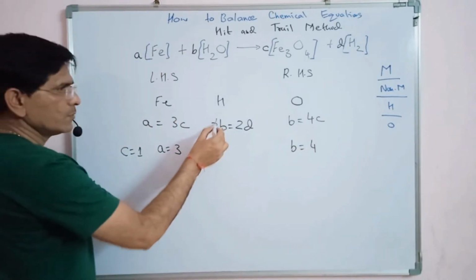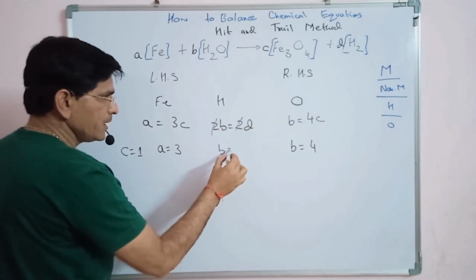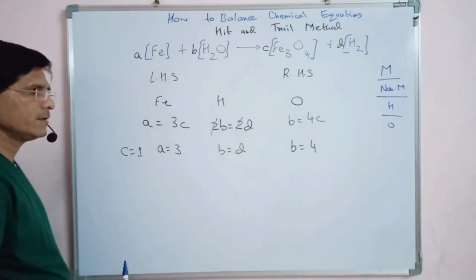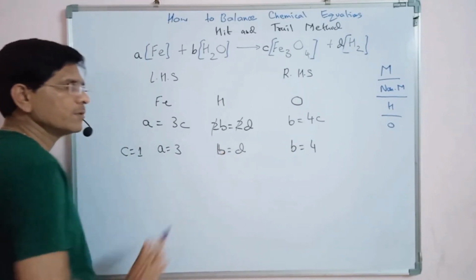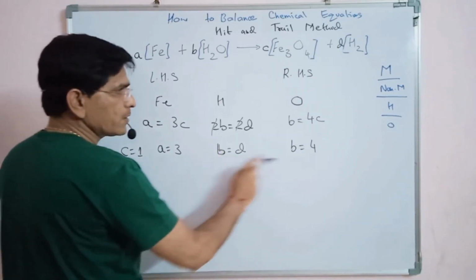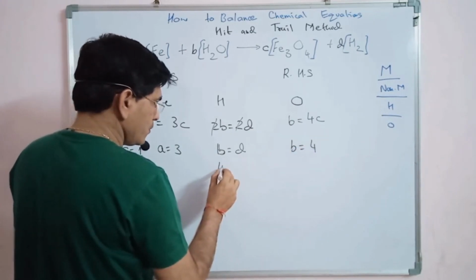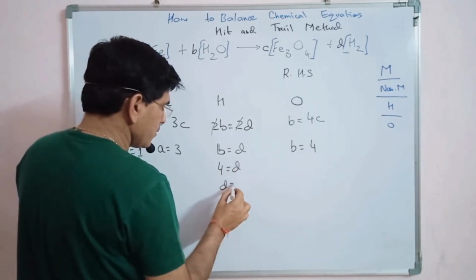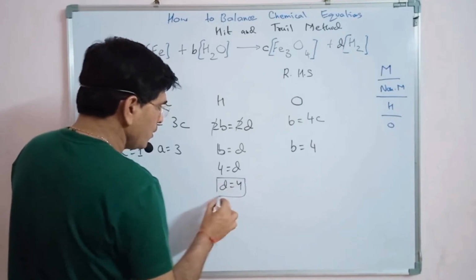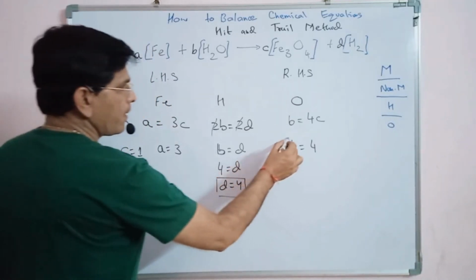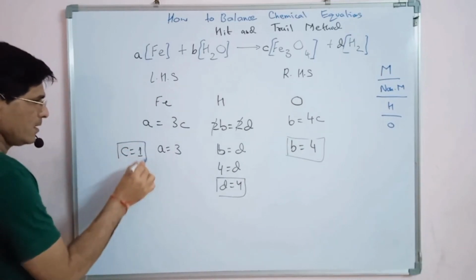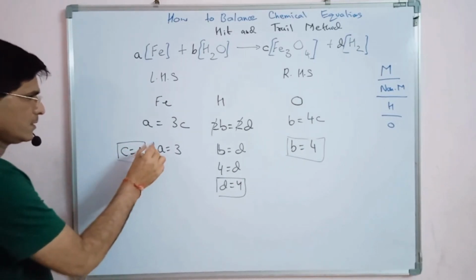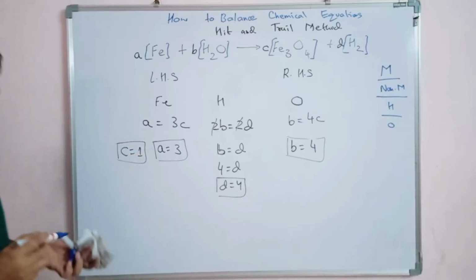Now these two cut, so B is equal to D. Now B is equal to what? 4. So D is also equal to 4. So D is equal to 4, B is equal to 4, C is equal to 1, and A is equal to 3.